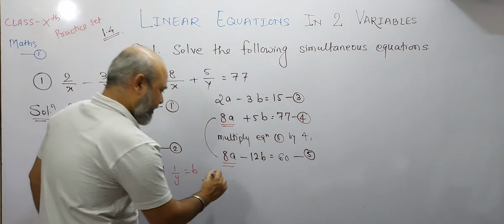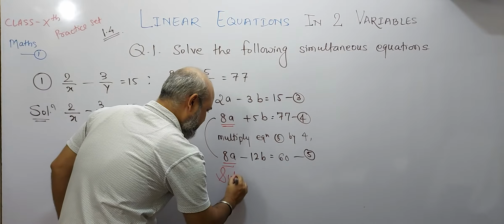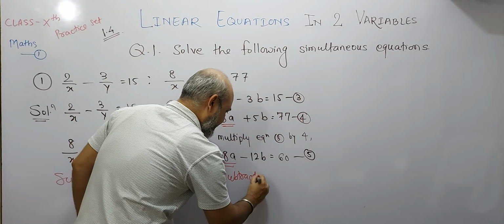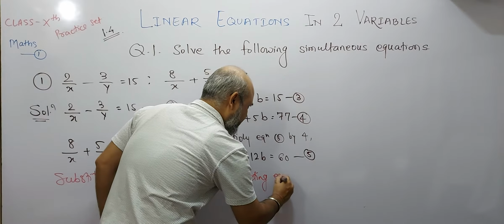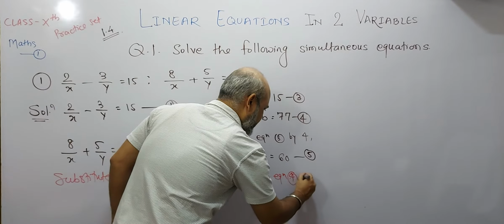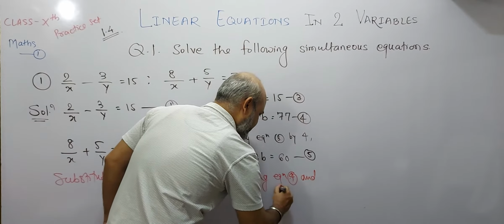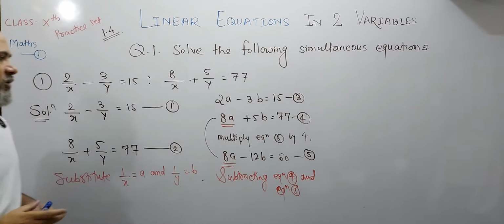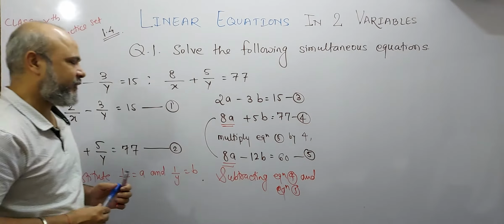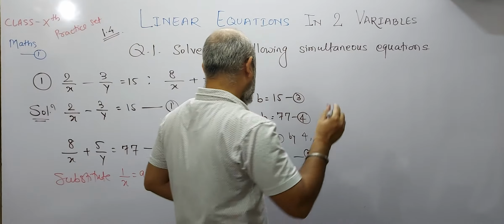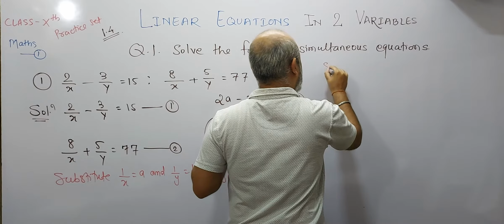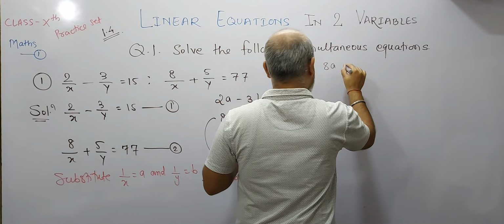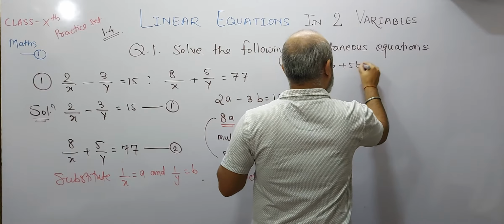So you write subtracting equation 4 and equation 5. You are going to subtract equation 4 and 5. So I will write equation 4 first. So 4 is what? 8a plus 5b is equal to 77.